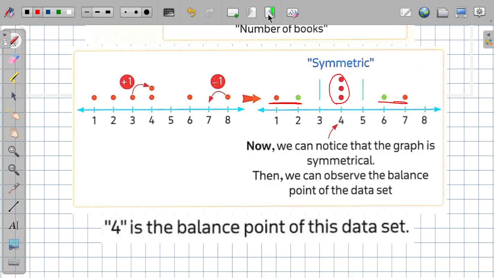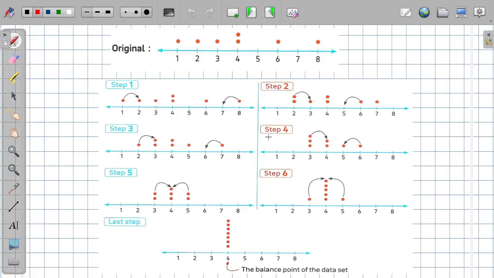Okay, the second way to determine the balance point of this data set is to move all points to one number. I have the same dot plot, and I will try to move all dots to one number. The first step: I move the dot of 1 to 2 and the dot of 8 to 7. Next, I will move the dot of 2 to 3 and the dot of 6 to 5.